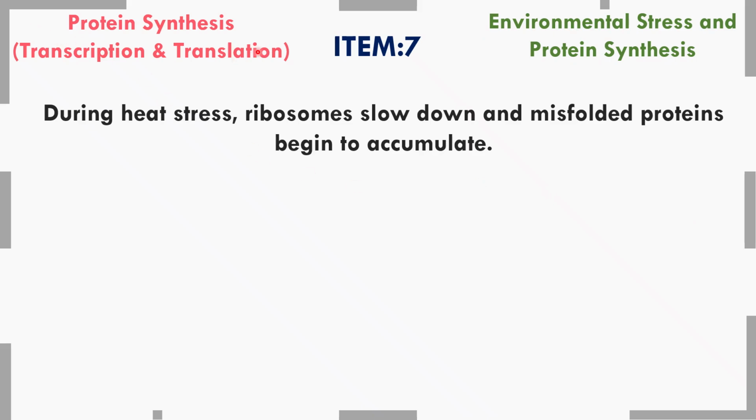We are still under protein synthesis, transcription and translation. This time we are going to look at environmental stress and protein synthesis. Item 7. During heat stress, ribosomes slow down and misfolded proteins begin to accumulate.